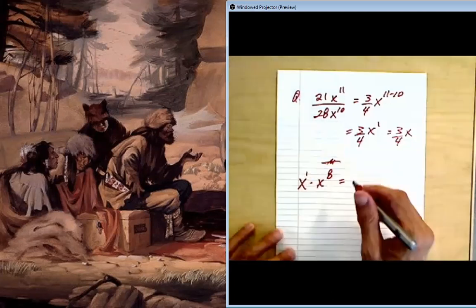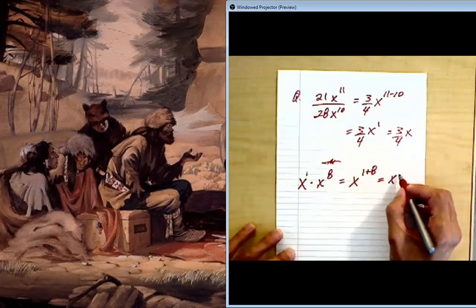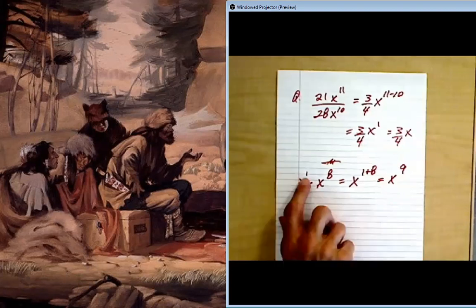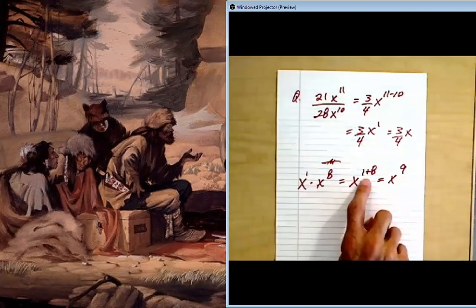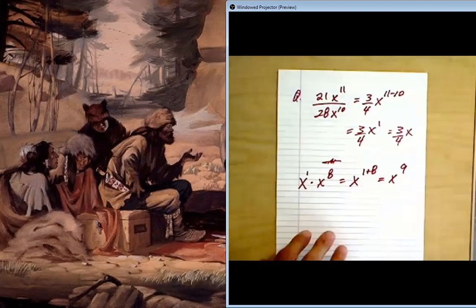All right, so watch. Plus 8, you get 9. Some people left it at 8 for some reason, multiplying or something like that. In the homework, I think, not on the quiz. So remember, if there's an invisible 1, you can write it in there and then keep track of it along the way. That'll get you places.